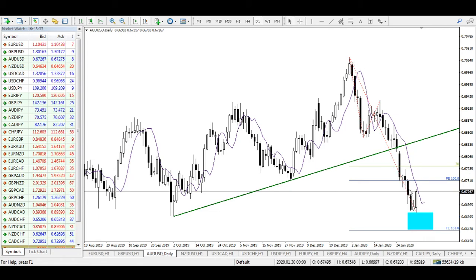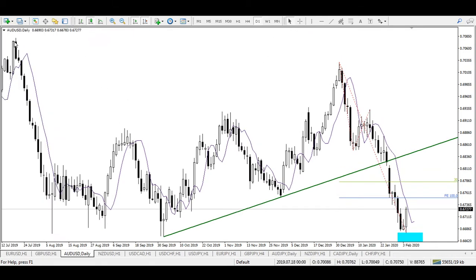After such an extended downward movement, the Australian dollar used to react at least 100 or 110 pips from the bottom, despite being in an overall long-term bearish trend. For example, let's see here.